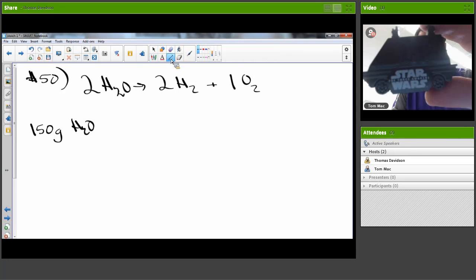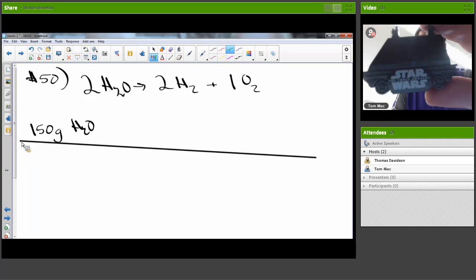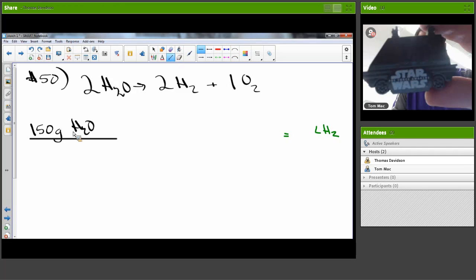And what's it asking you to solve for? How many liters of hydrogen gas can we make? Okay, liters of hydrogen gas. Okay, have fun. First one to get it right gets props, because that's all I have to give.